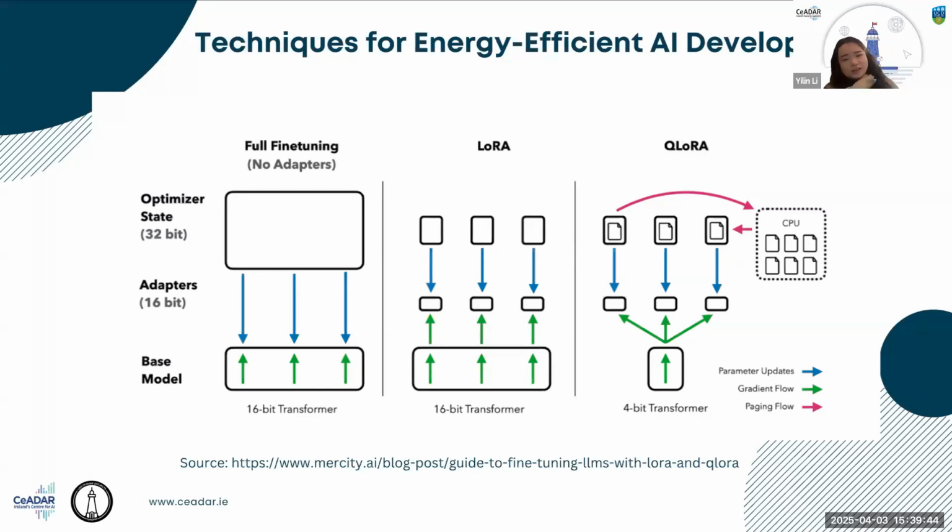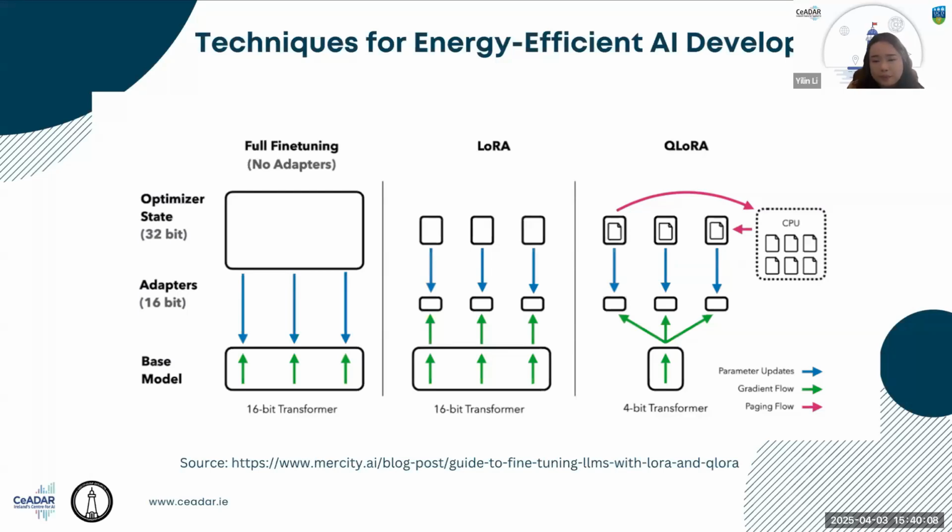And let's see, QLoRA goes a step further by using a 4-bit model, which is even smaller and runs some parts on the CPU instead of the GPU. It is very efficient for limited hardware.